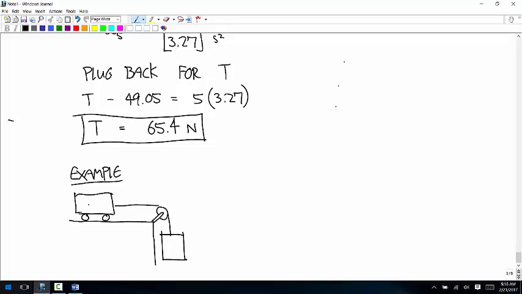Let's say that rolling cart is 5 kilograms, mass is 2 kilograms, and we want to know what's the acceleration vector of the 5 kilogram cart.